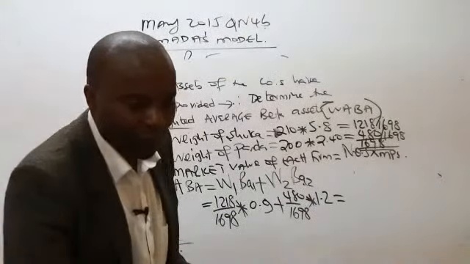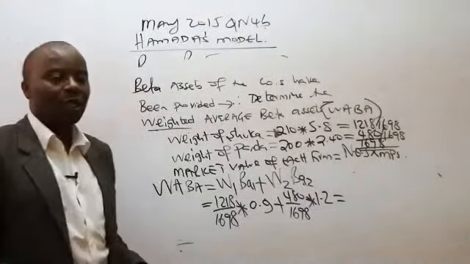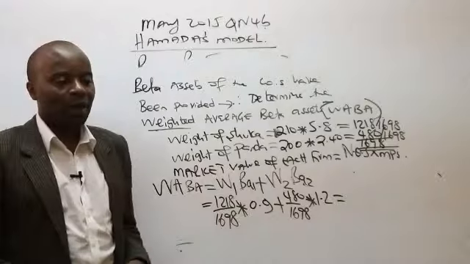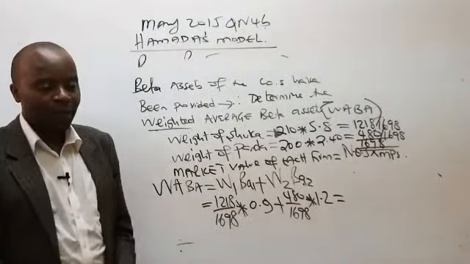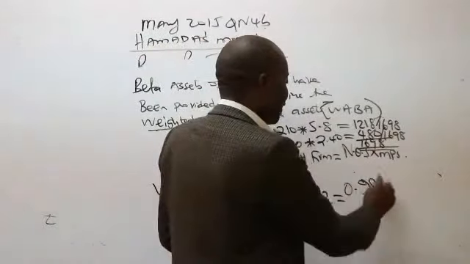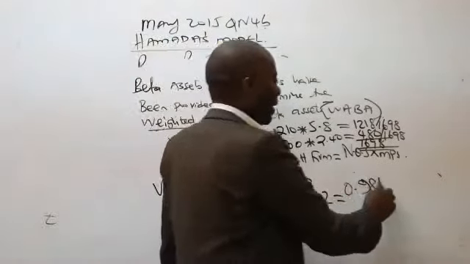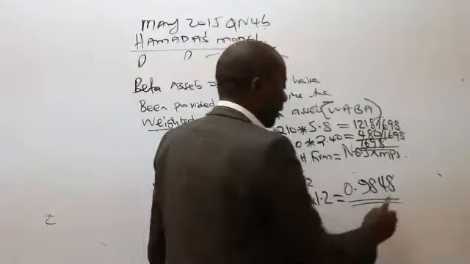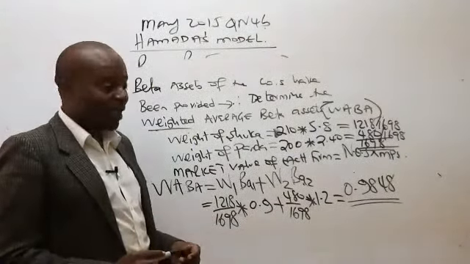The weighted average beta assets. Mumbi tells me it is 0.9848. Lily is also confirming that. 0.9848. Thank you very much.